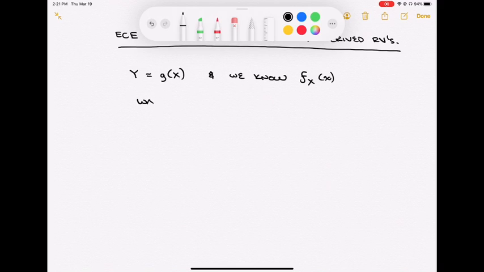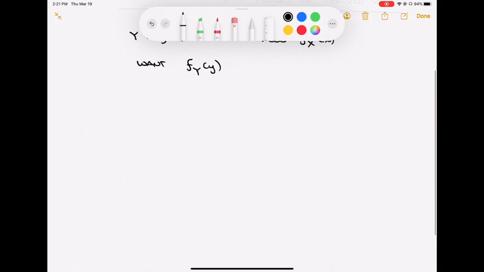So what we want out of this is to find the probability density function f_Y of y using this information. The method that we're going to employ here is real similar in flavor to what we did for discrete time. It's a CDF-based method.